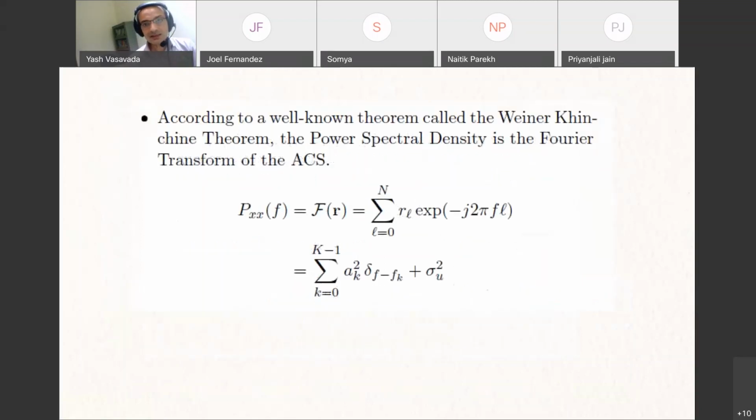And in that case, we can now apply a theorem called the Wiener-Khinchin theorem.